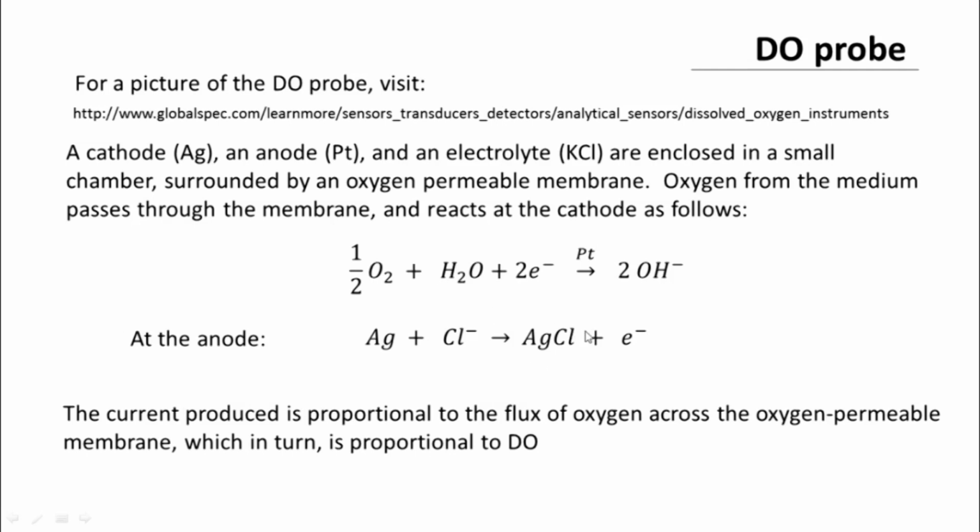When there are electrons being transferred at the electrodes, if you connect the electrodes with a wire, you would see a current. The current produced is proportional to the flux of oxygen across the oxygen permeable membrane, which in turn is proportional to the dissolved oxygen. That's the principle here. So you have the cathodic reaction, you have the anodic reaction. I think this has been switched around, don't worry about it. And this is the principle of the electrochemical probe.